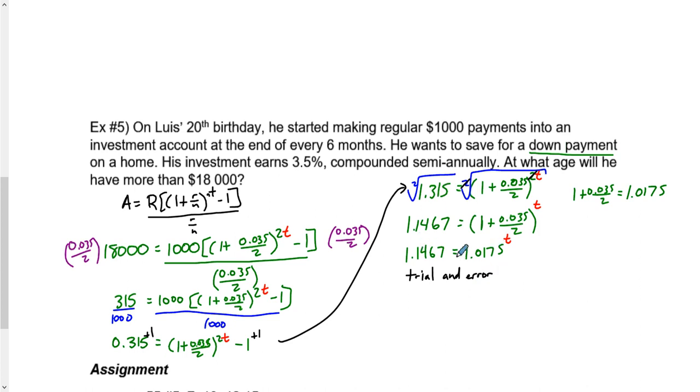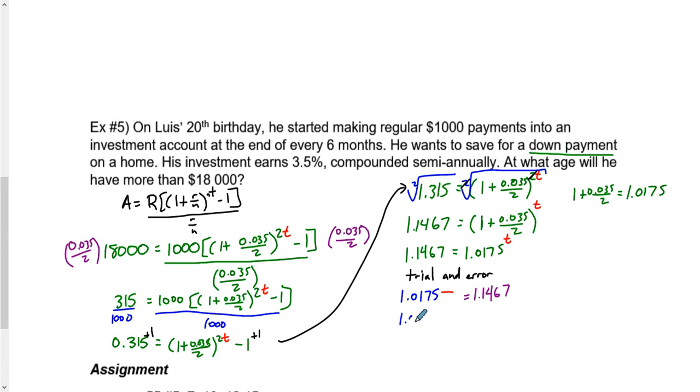So a trial and error comes into what does it come out to? 1.0175 to the power of what gives us something very close to here. We're not going to have something exact, so we're going to have to try our best.